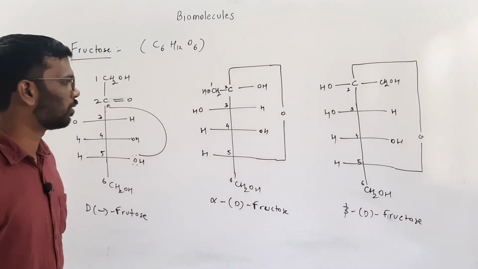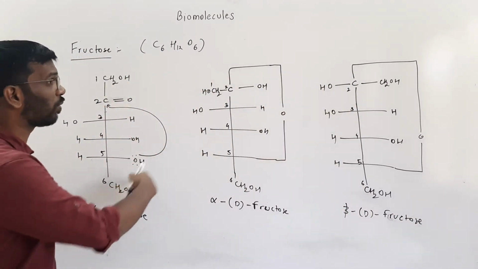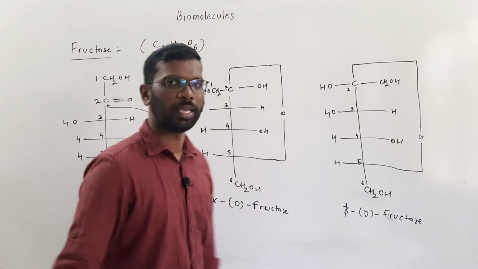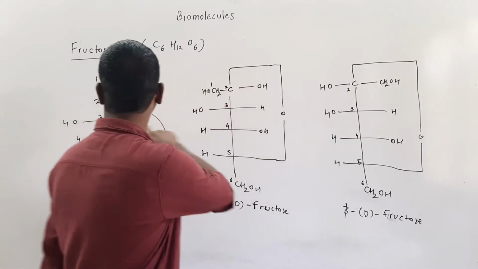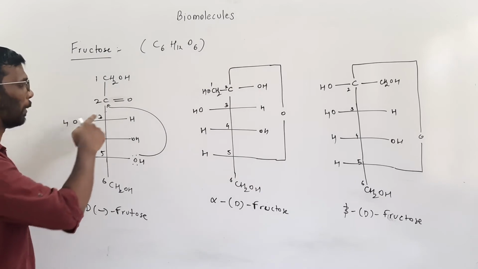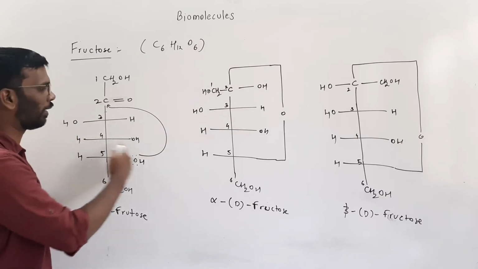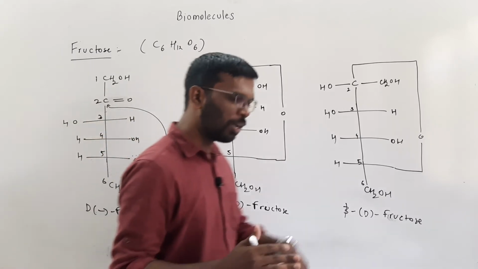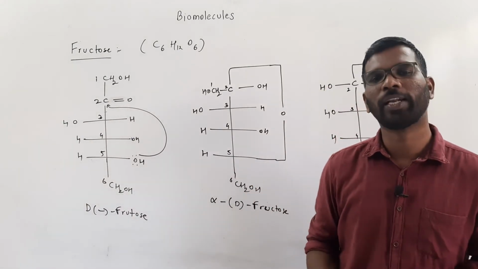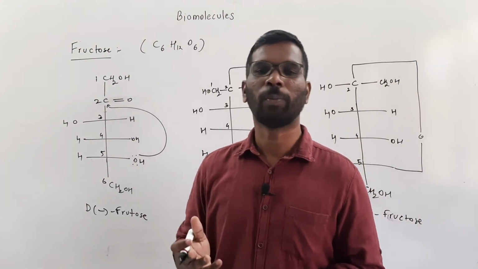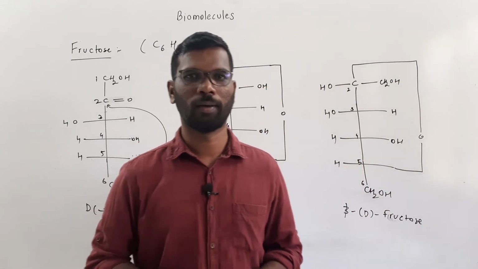So these are the things. These are the two structures which we are going to get in a same percentage, because this keto is a planar structure. The attack could take place 50% from the top as well as in equal proportion from the bottom.